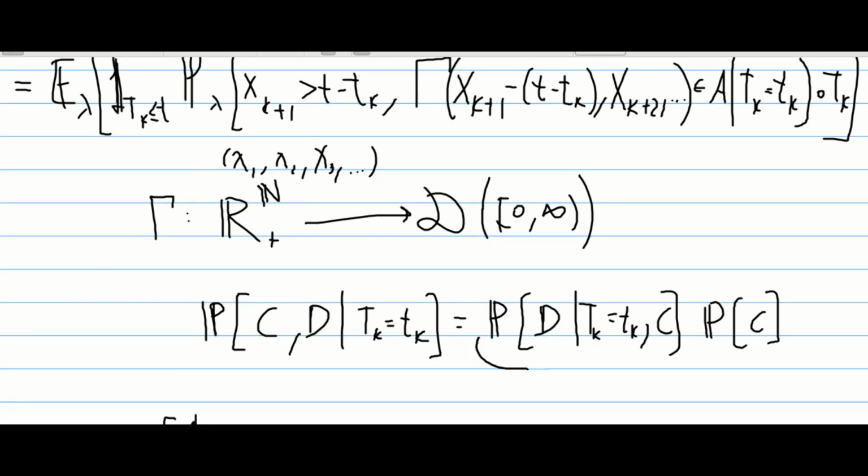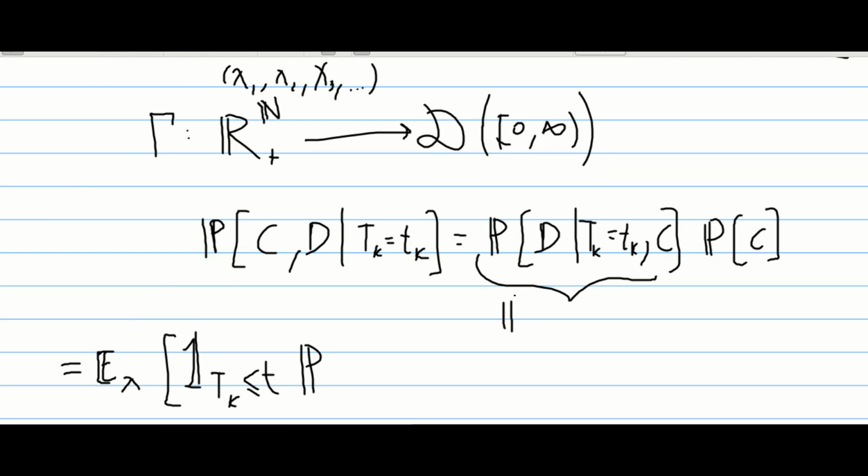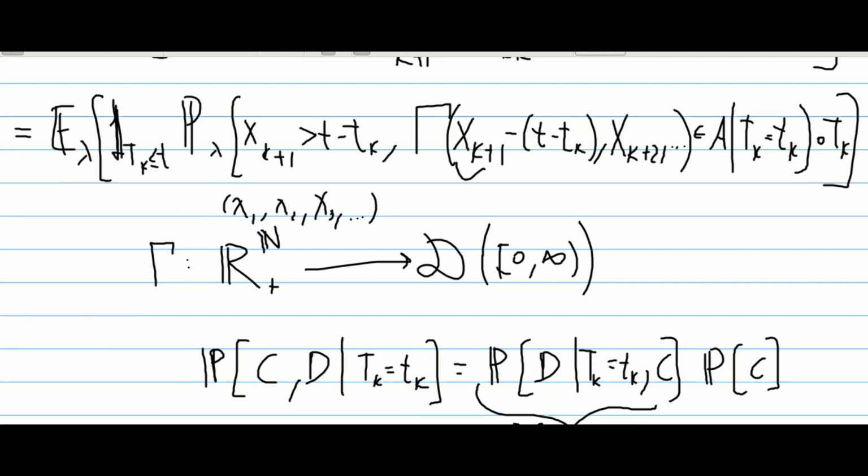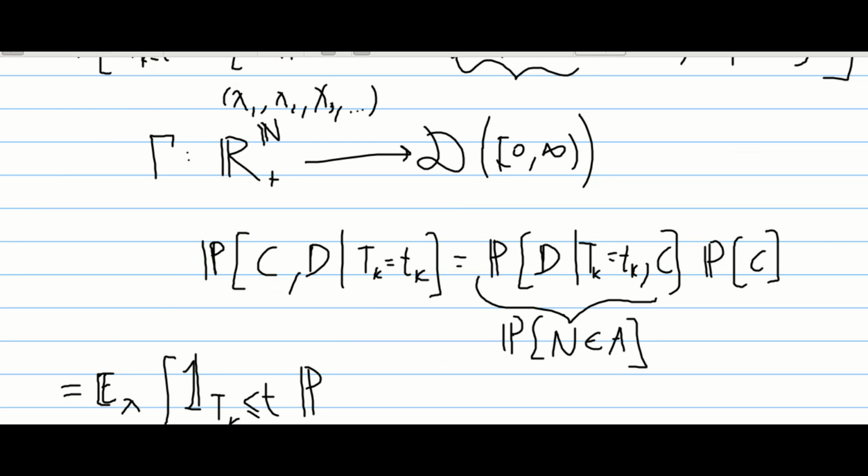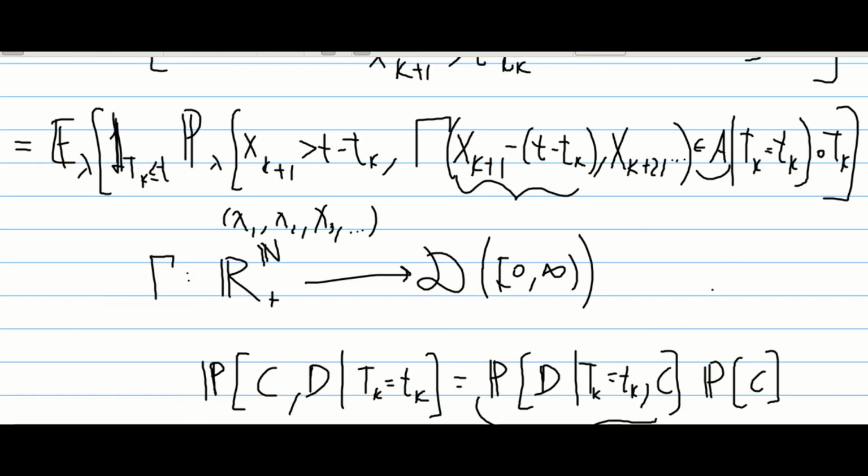So this probability here is exactly the probability that N belongs to A, because we're going to replace this by something that still has exponential distribution and is independent of all the rest. So you see we are just taking theta of several independent exponential random variables. So in the end we are just getting another Poisson process, and we are asking that it belongs to A.